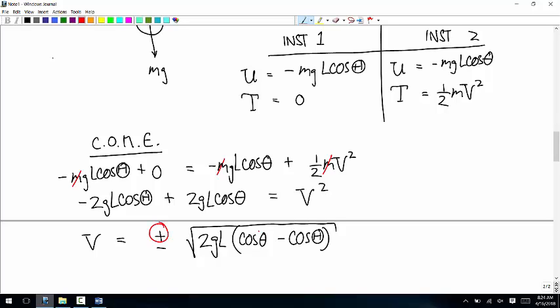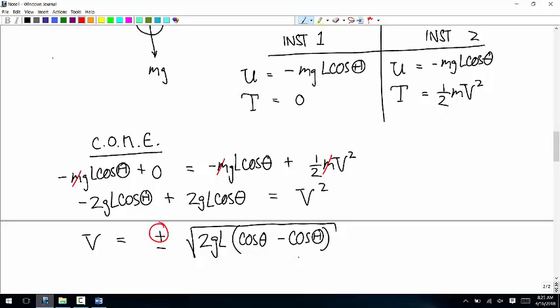It'll go forever between, the highest it's ever going to get is the angle I released it from. It's never going to swing higher than it started. So this solution doesn't make any sense for angles theta that are bigger than capital theta. Who's with me on that? I know Christo is. Any other questions about that one?